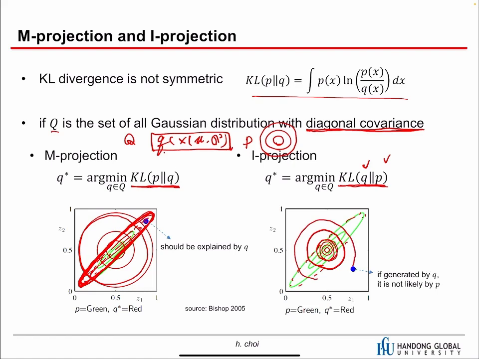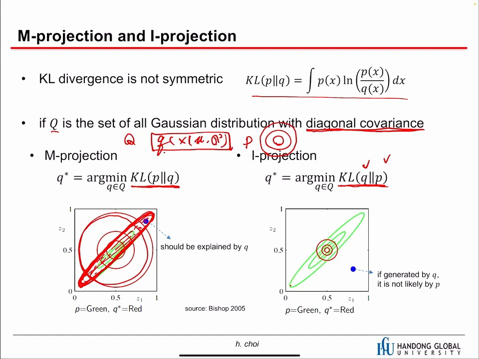Then if the covariance is big enough, from Q we might have these blue samples. But if we generate samples around here, they cannot be explained by P. So P, the distribution P, thinks this is quite strange, but Q generated this one. But if we delete this one, so now we have Q like this.